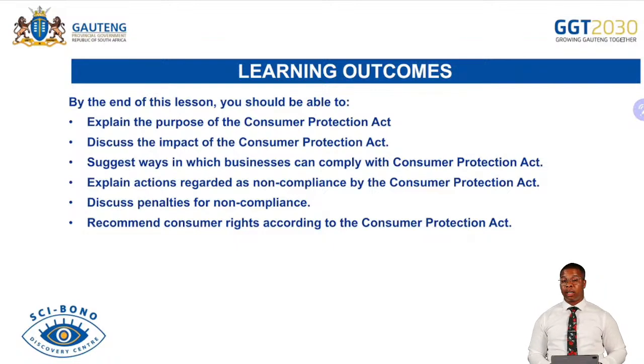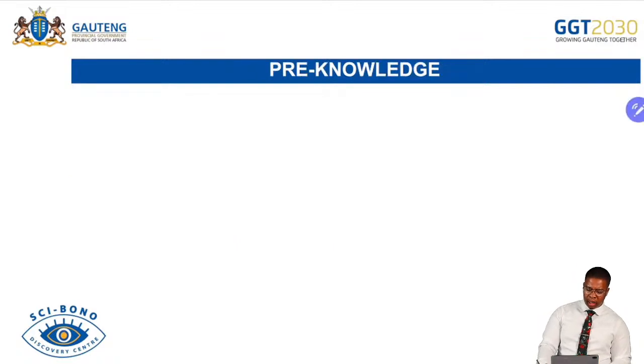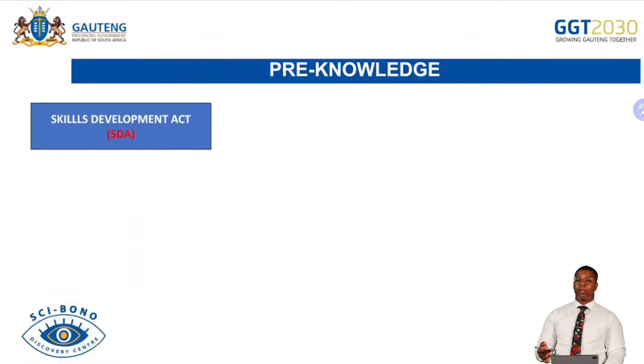Those two are different because one act talks about protecting consumers in the process of buying goods on credit. But when you look into consumer protection, it protects all consumers who engage in buying, whether on cash or on credit.